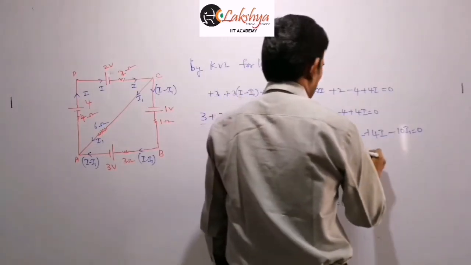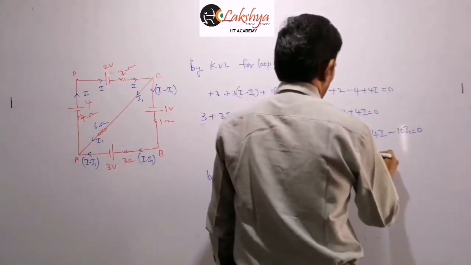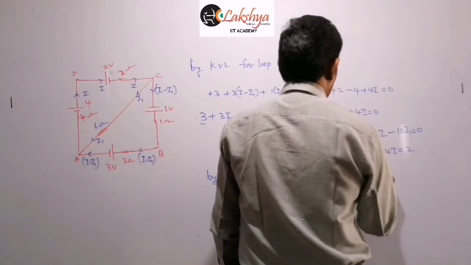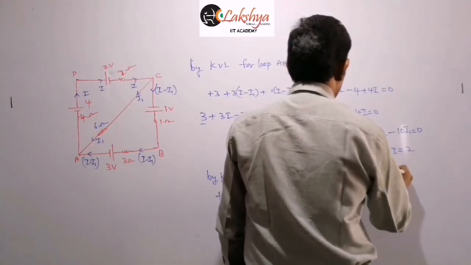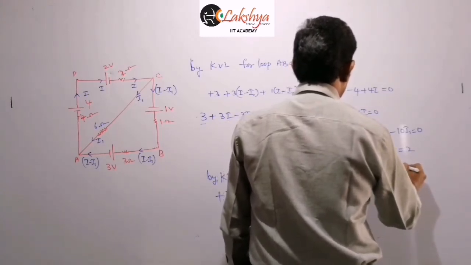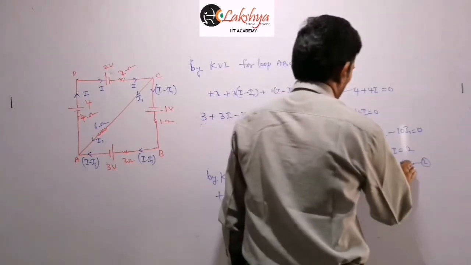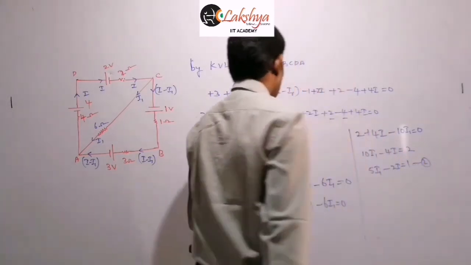So let us write the term like 10i1 minus 4i is equal to 2, or this is 5i1 minus 2i is equal to 2. We are dividing with that 2, is equal to 1. This is equation 2.